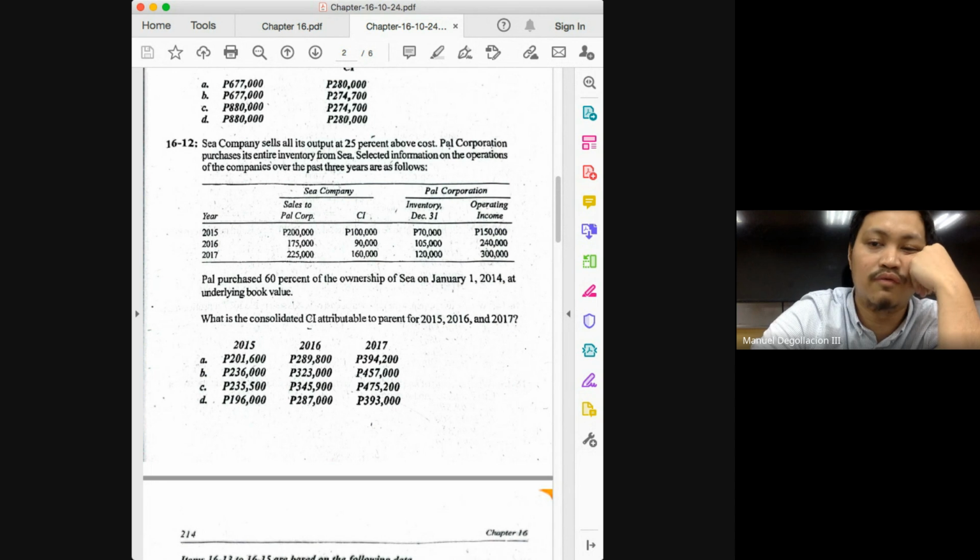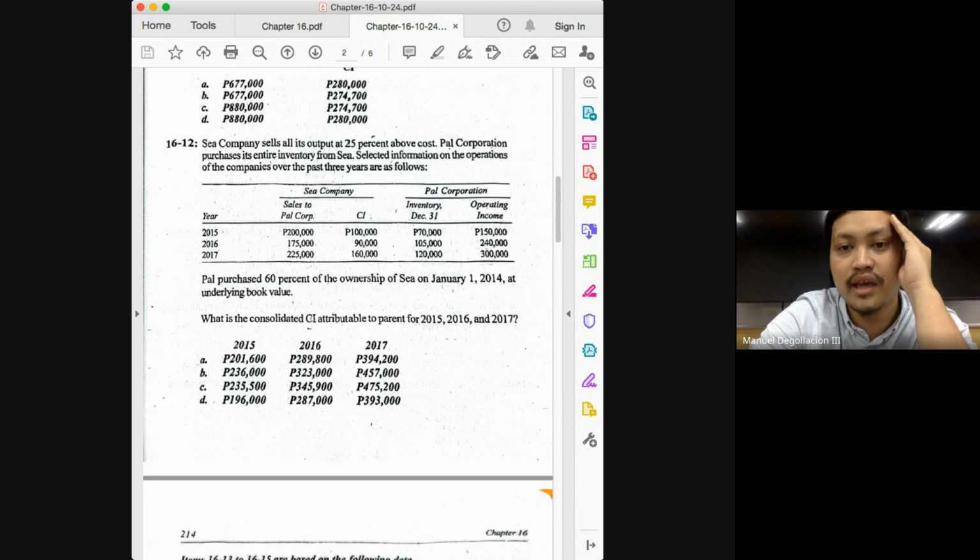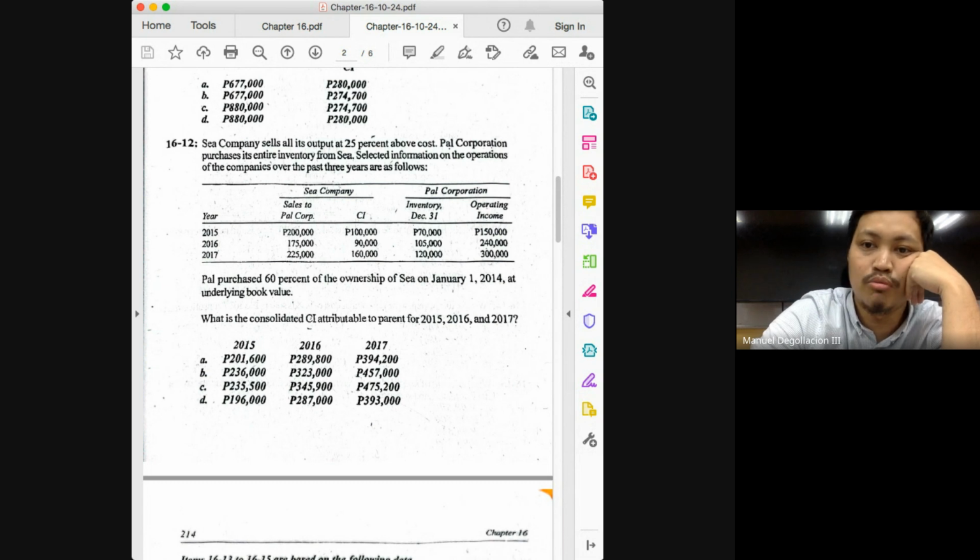So we will have to solve. Okay, and generally we will need the gross profit rate, but in this case we are already given the gross profit rate. Is the markup simply 70,000 times 25%? No, because the gross profit rate or the markup rate given is based on cost. So first divide 70,000 by 125%. How much will that give you?